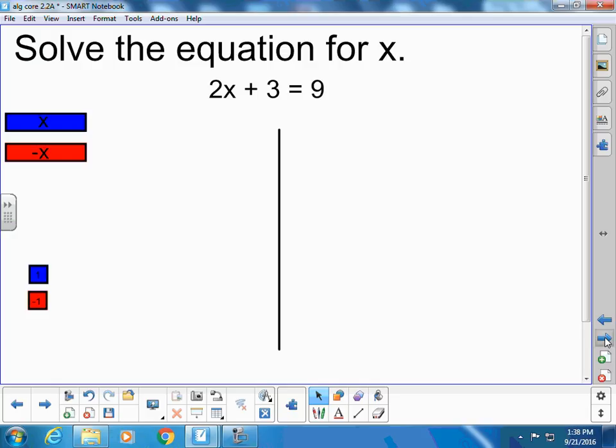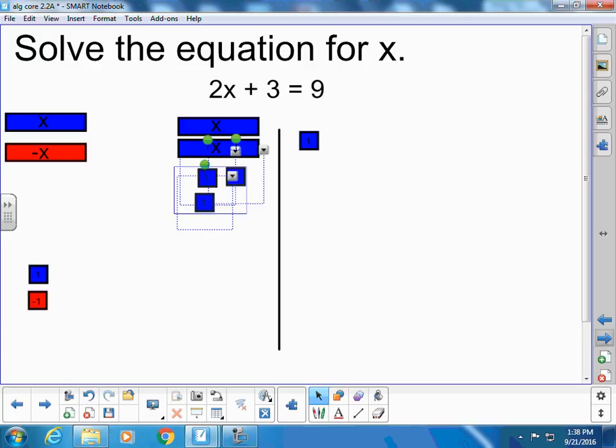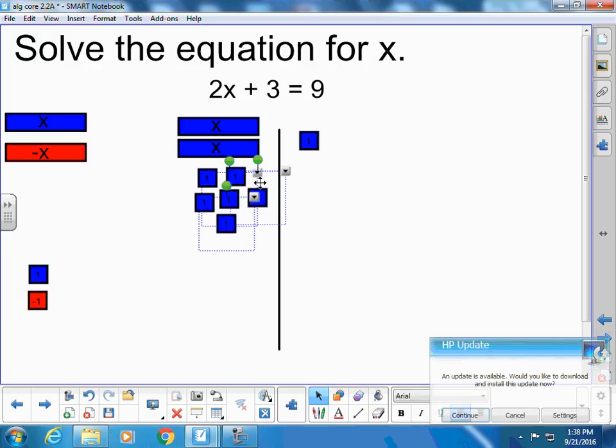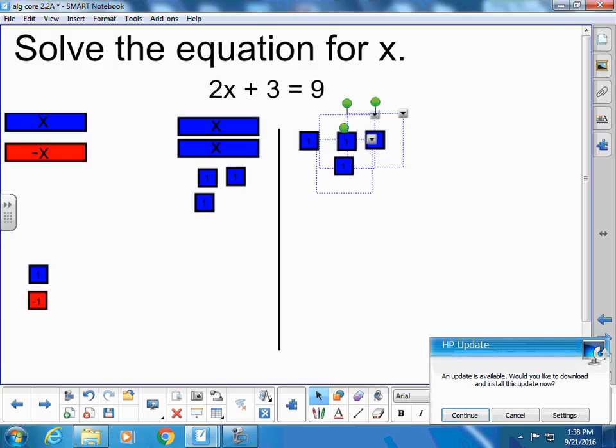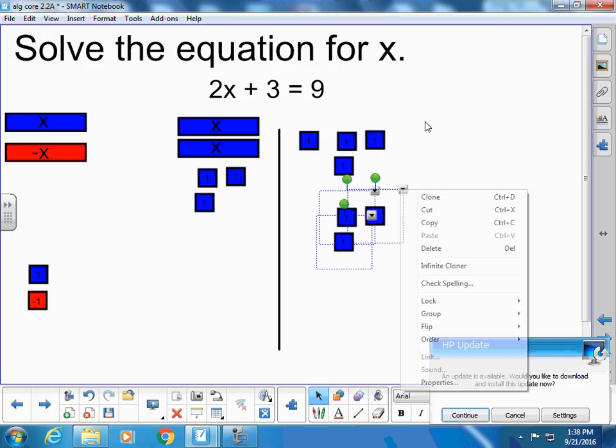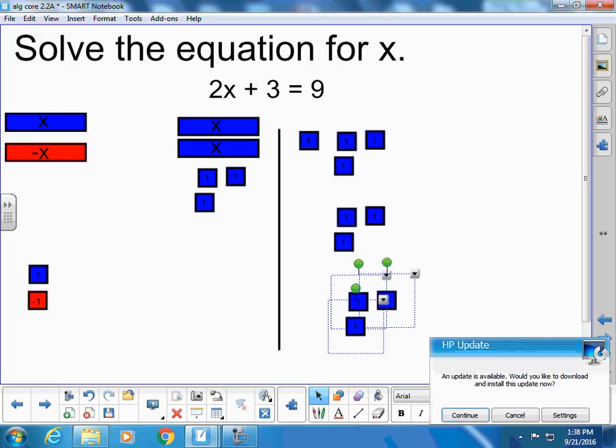Solve the equation for x. So here is 2x plus 3 equals 9. Here, I'm just going to clone 3 and 6. Get rid of that one.